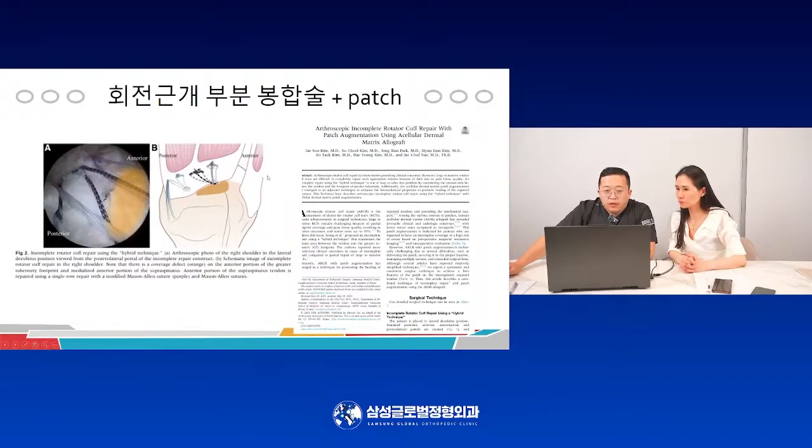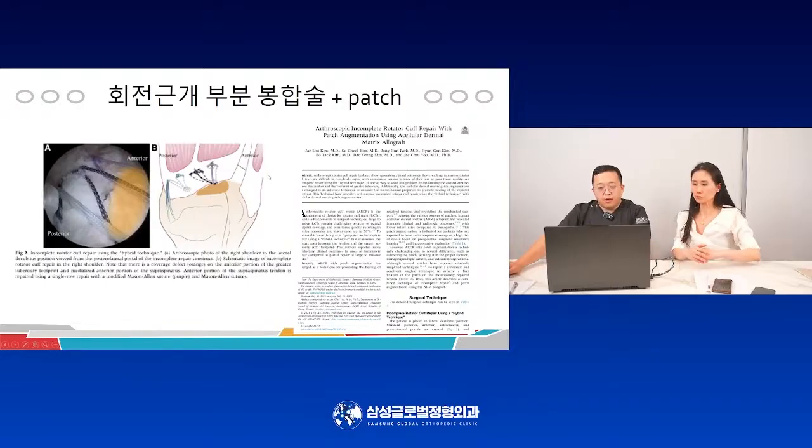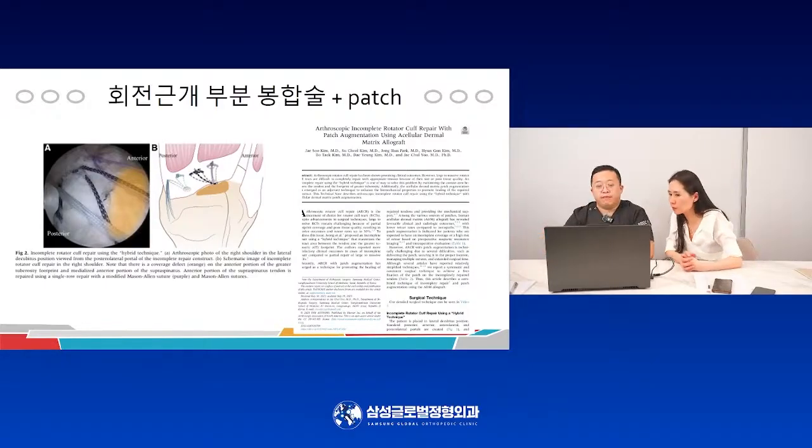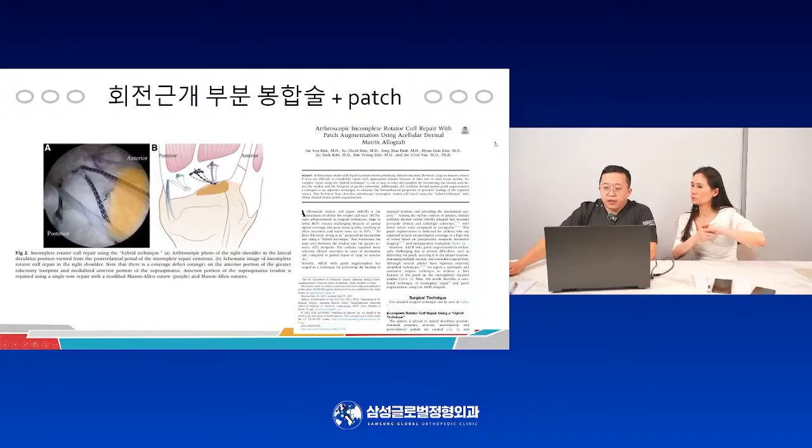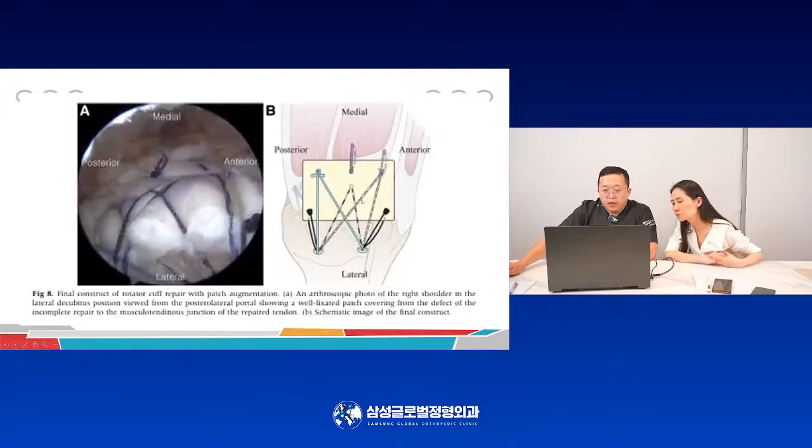So if the patient has that problem but it is fixable, first we can fix the cuff with a partial repair with a patch. Dr. Jeong, my mentor at Samsung Medical Center, published a study, and he fixed it in that partial way, coupled with a thermal patch.